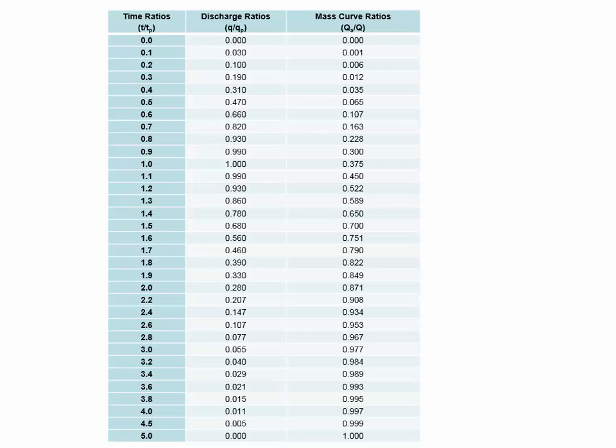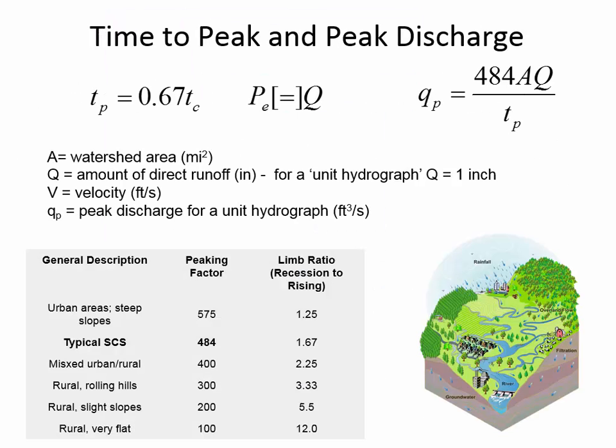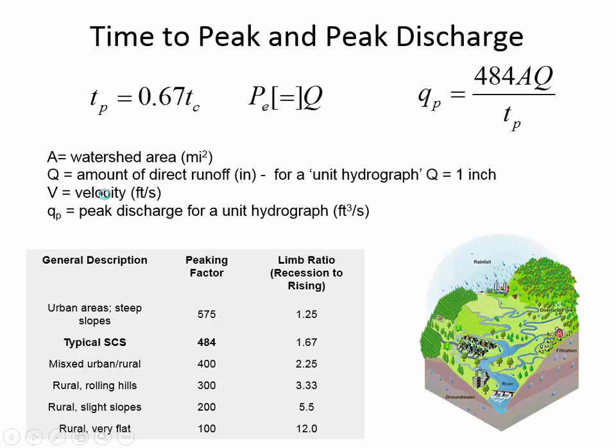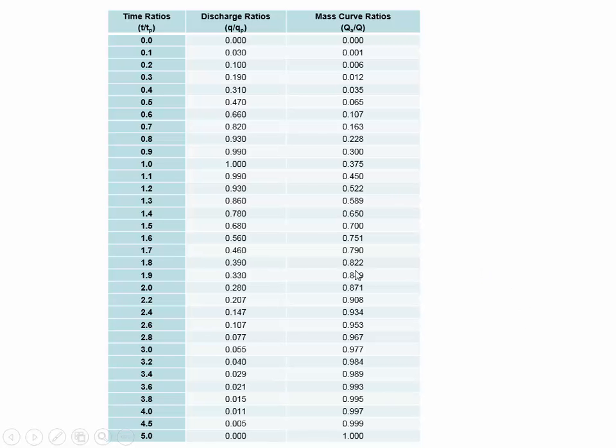These are the actual numerical values that that curve's based on. So if we go back to here, there's the hydrograph curve, and then the other one is the mass curve, the total amount of water as a percentage of what's going to come. The hydrograph curve's shape is based on this table. So I'm curious to know, after 87 minutes, what's the flow rate?